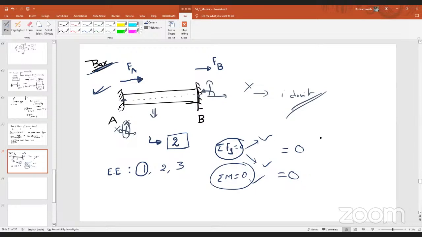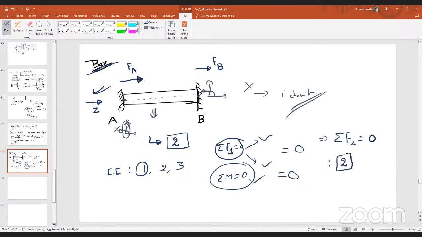So in this case, how many equilibrium equations will I consider? If this is the direction z, then my forces along the z direction will be equal to 0. Now tell me how many unknowns I have. For this current case, I have 2 unknowns. What are they? FA and FB.